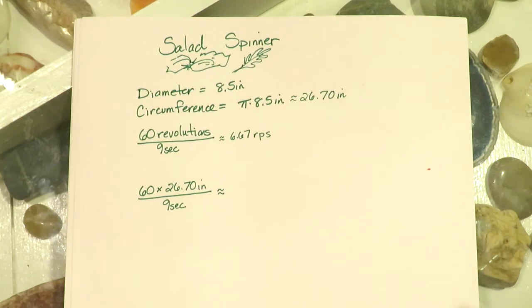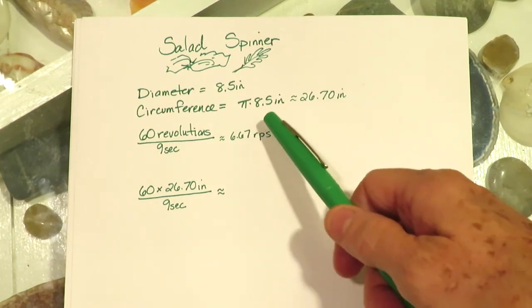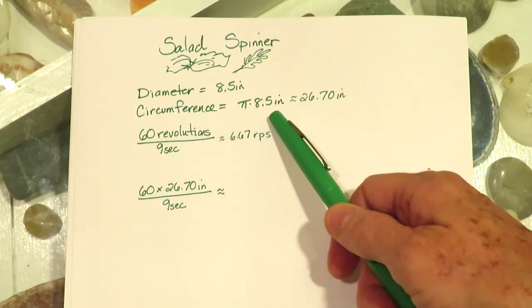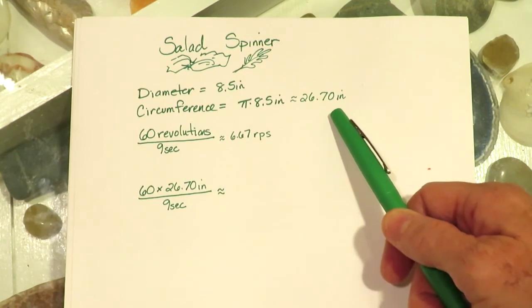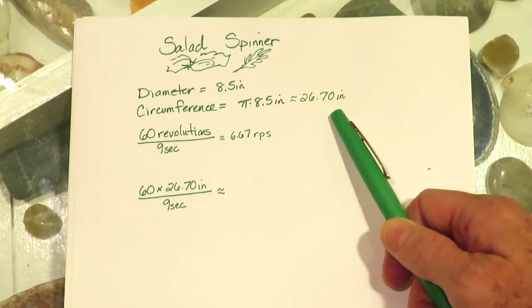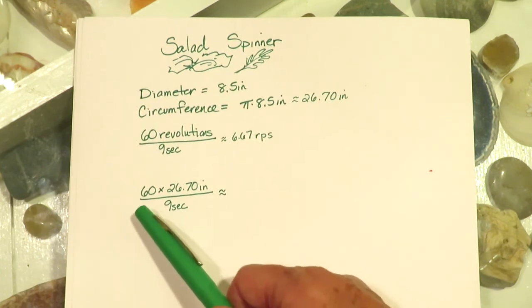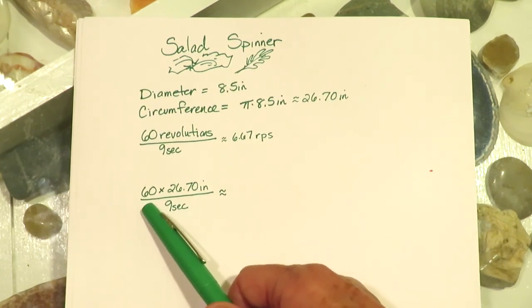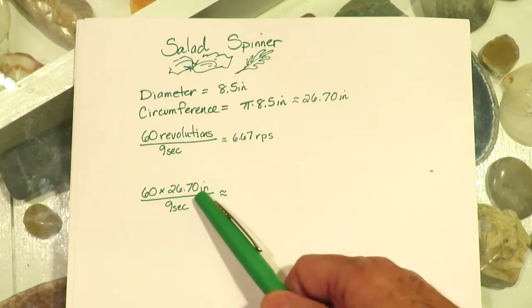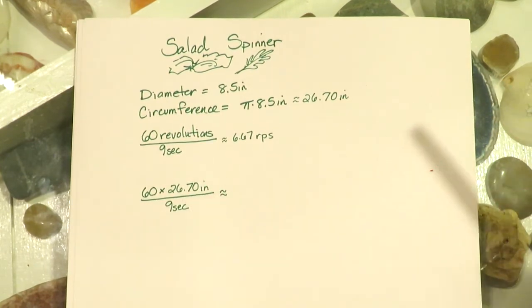If the diameter is 8.5 inches, then the circumference is pi times the diameter, or approximately 26.7 inches. So every 9 seconds, it was going around 60 times. So 60 times the circumference is how far a point, say that A, went around in 9 seconds.